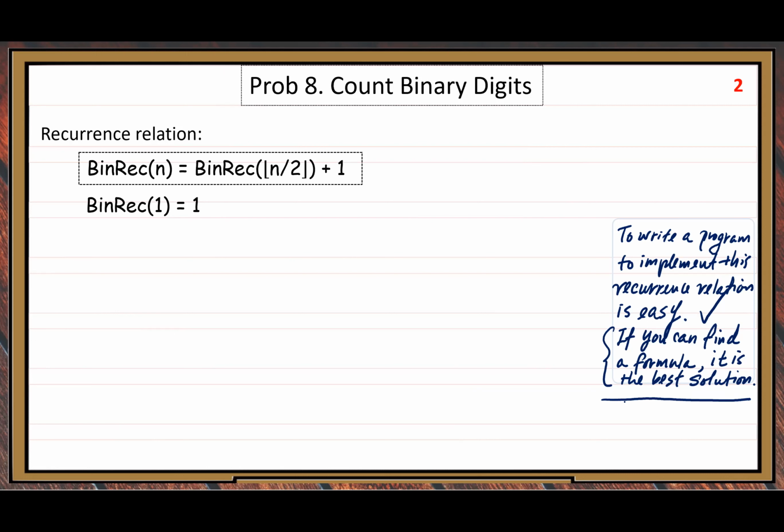That will be much faster than your program implementation from the recurrence relation directly, because you need to do a lot of recursion, right? If I have a formula when I plug in, I do not need to do recursion. I just do simple calculation.